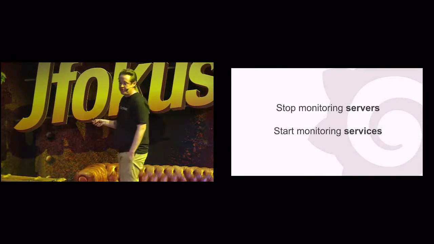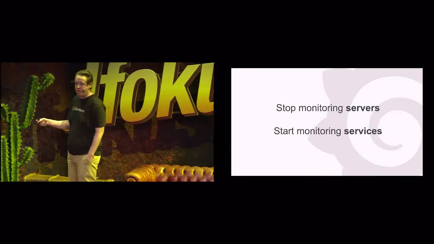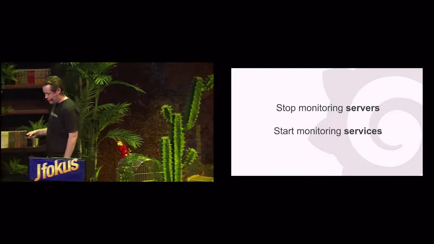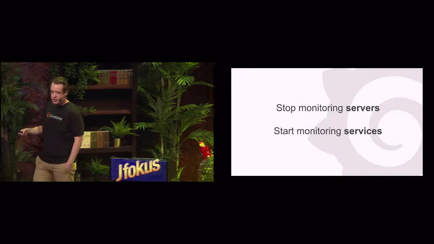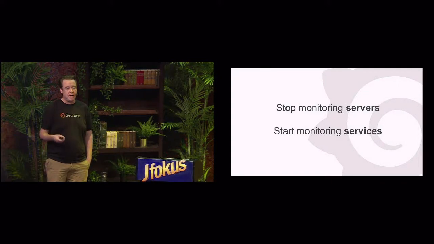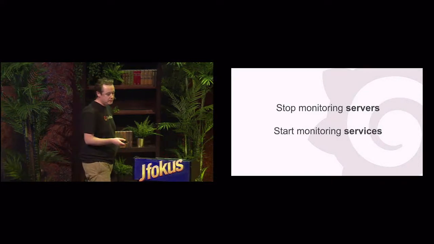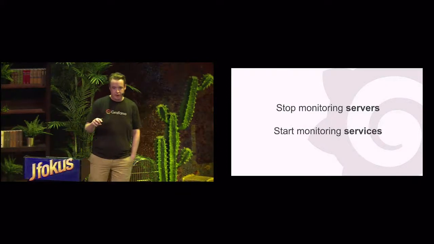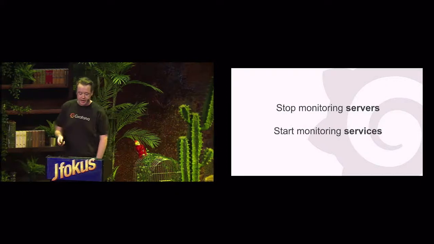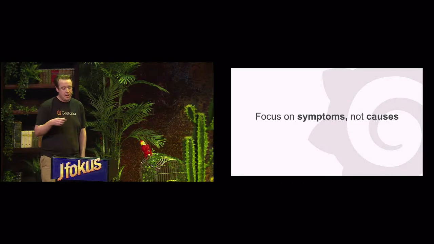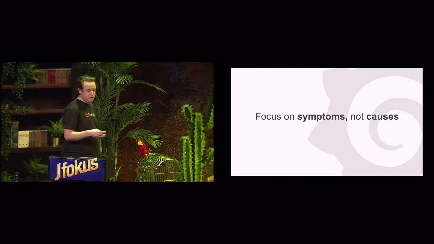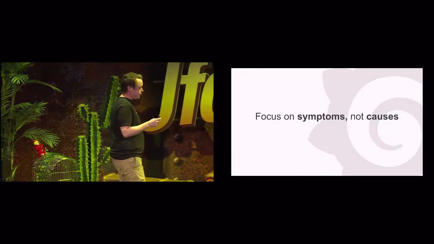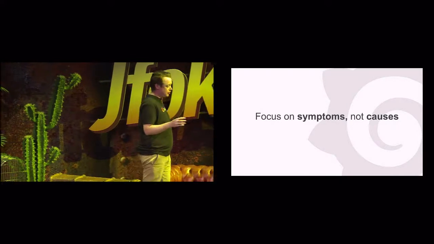Well, the first thing we need to do is to stop monitoring servers and start monitoring services. Rather than caring about high CPU, celebrate high CPU while the latency is low. It's kind of a mental shift, but it's really working. And by starting to focus on symptoms rather than causes, we can make sure to find the problems, but not all the causes.